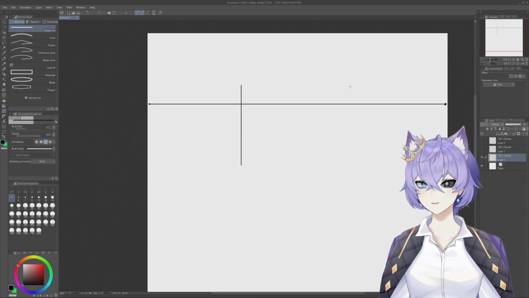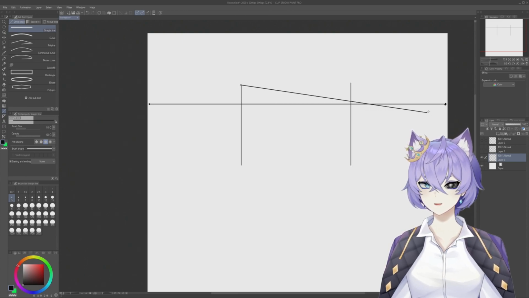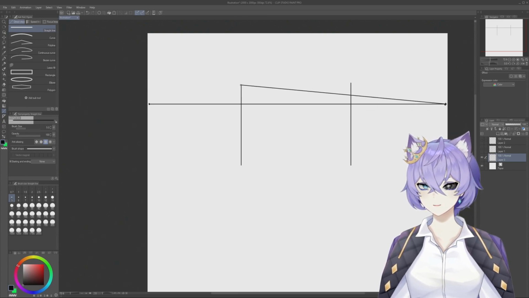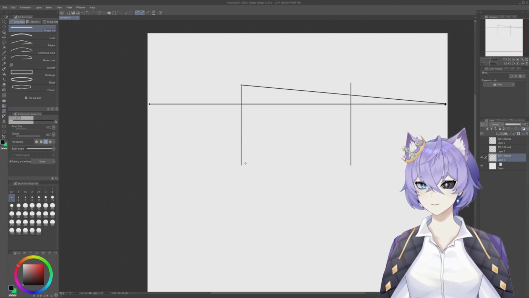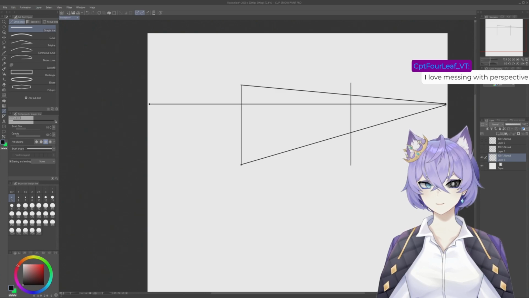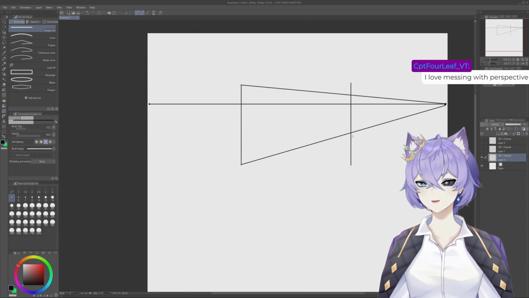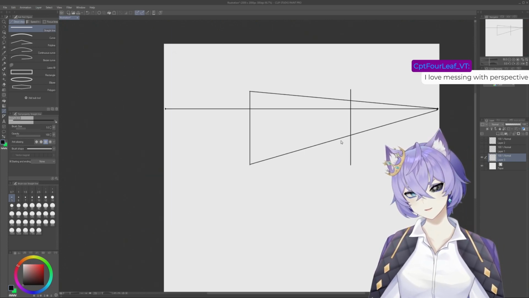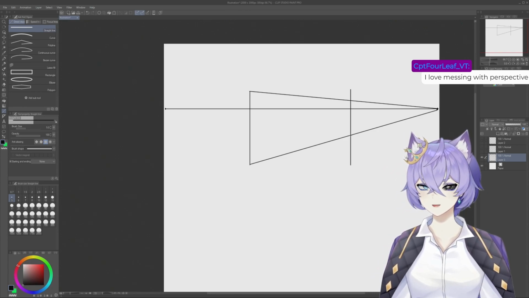If I put it above the line, maybe that solves the weird skewed perspective issue I've been having. I love messing with perspective. I wish I could say the same.